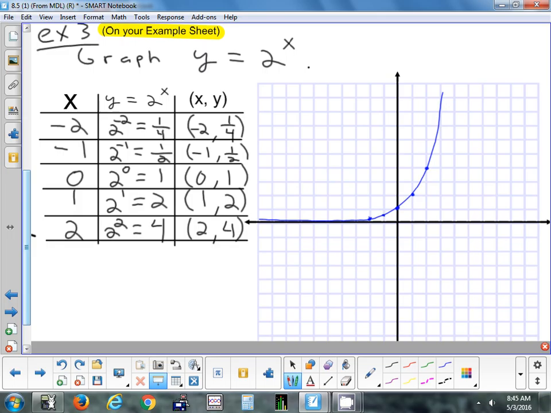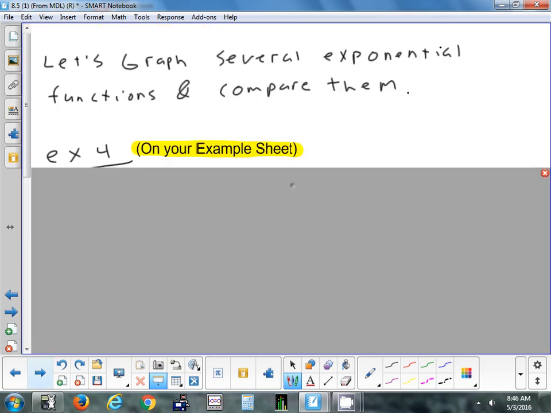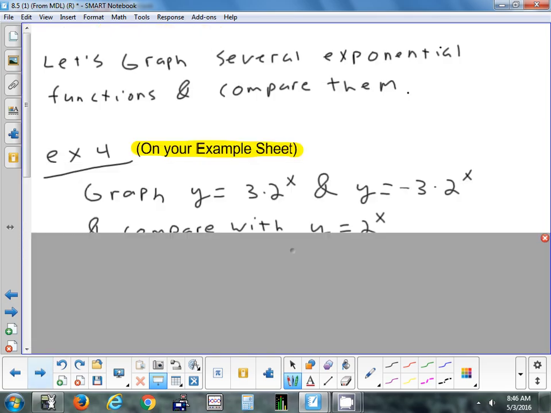I'm not going to have you do them all by hand, but we're going to look at what happens when you change that number a. Like when we change y equals mx plus b, we know if we change b, it changes the y-intercept. If we change m, that's the slope, how steep the line is. Well, what do the a and the b really do? In a graph that curves like this, if you make a bigger, what happens? That's what we're going to take a look at.